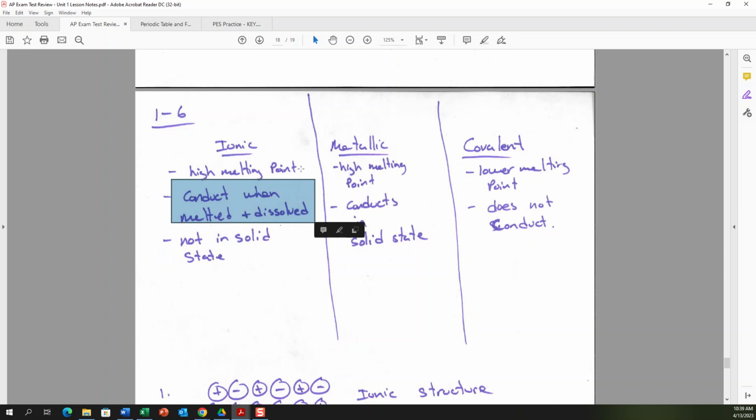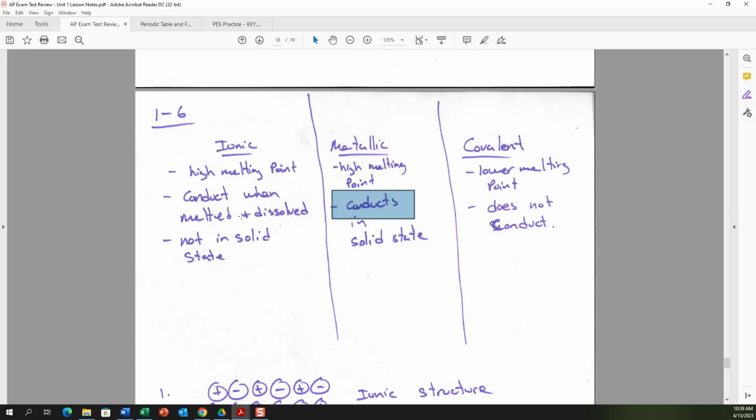Metals can conduct electricity in the solid state, and covalent compounds aren't really going to conduct at all, unless it's something like a carboxylic acid, which would be a weak electrolyte when dissolved in water because it produces ions as an acid.